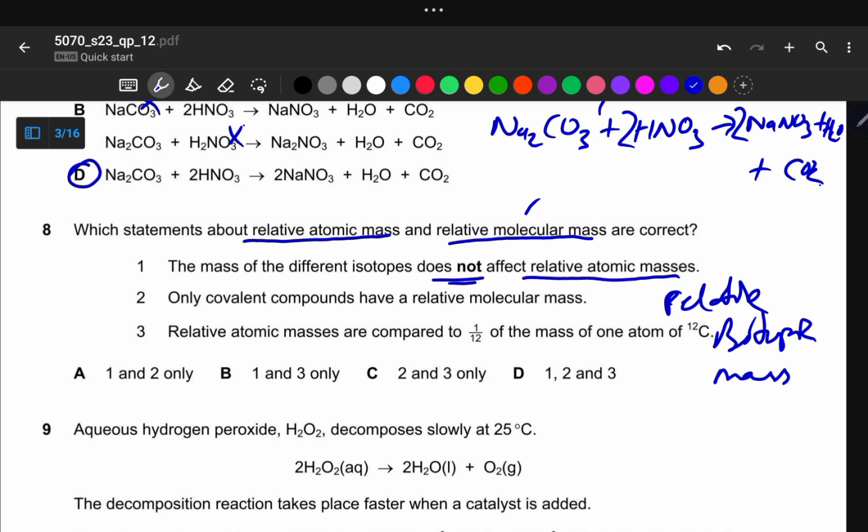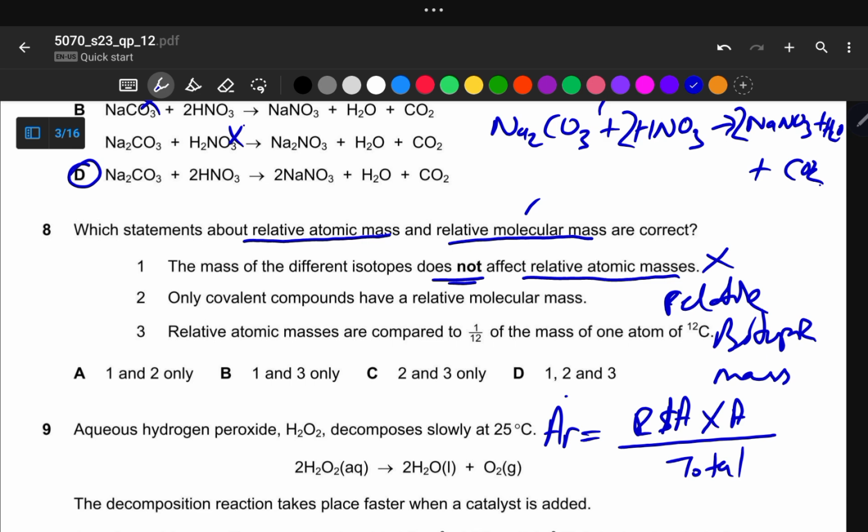So to calculate the relative atomic mass Ar, we say relative isotopic mass multiplied by abundance over total abundance. So as you can see from this equation, relative isotopic mass is one of the crucial constituents of Ar, right? And then this makes this statement false.